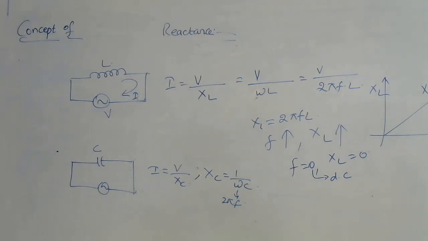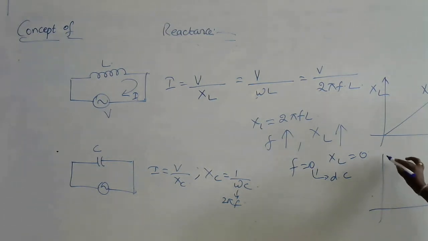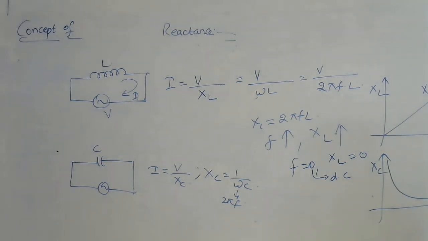Or in other words, if we draw Xc against frequency, this is Xc and this is frequency. As frequency is increasing, the reactance value is going to decrease. So if frequency is 0, that is for the DC component, the reactance offered by the capacitance is maximum.